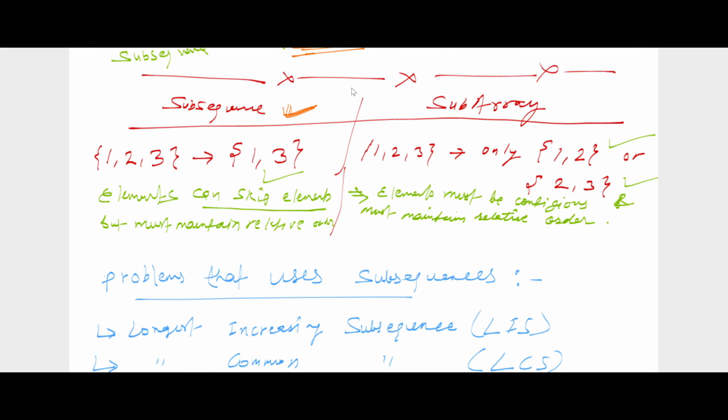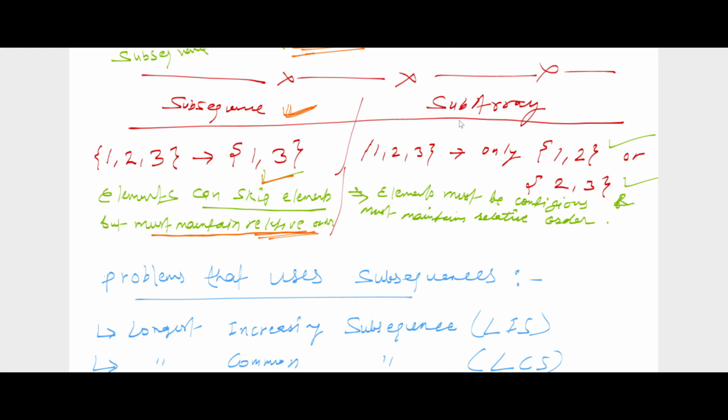As you can see, for subsequence, if we consider 1, 2 and 3, and we remove 2 from the array, we can take 1 and 3. This is called a subsequence. It means elements can be skipped, we can skip elements between them, but we must maintain the relative order. We cannot change the order.